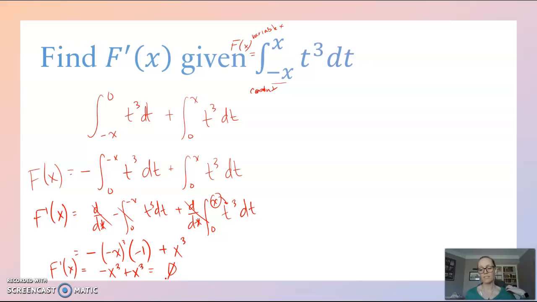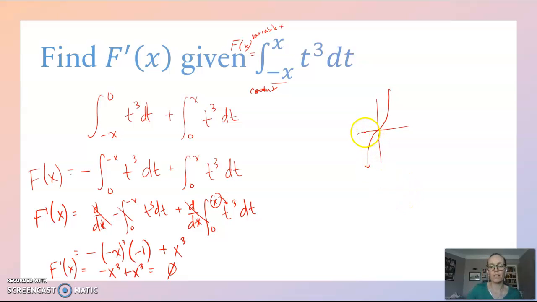And we can see here that the derivative of this integral is going to come out to 0. Okay, this is because of symmetry. If this kind of freaks you out, it's okay. It's because of symmetry. So the cubic function, just x to the third, looks like this. Remember that the integral is signed area, right? Signed area.